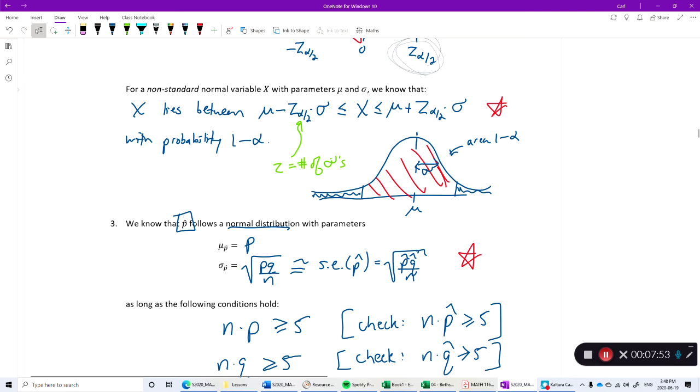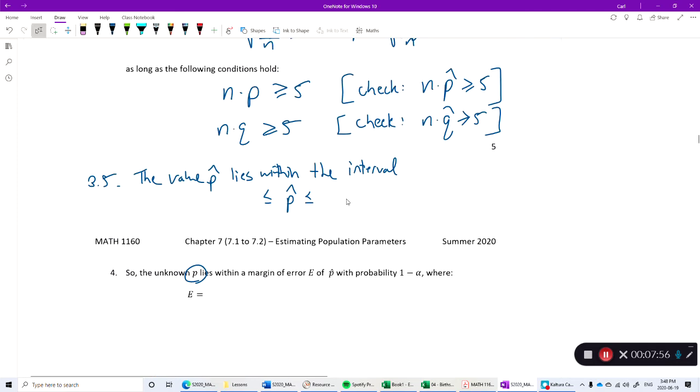It lies between the mean value plus the critical z value times the standard error, and above the lower limit, which is p minus that. And this expression is called the margin of error E.